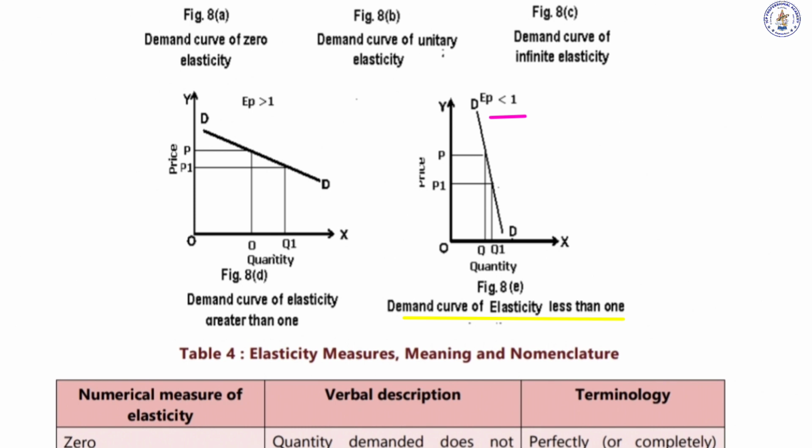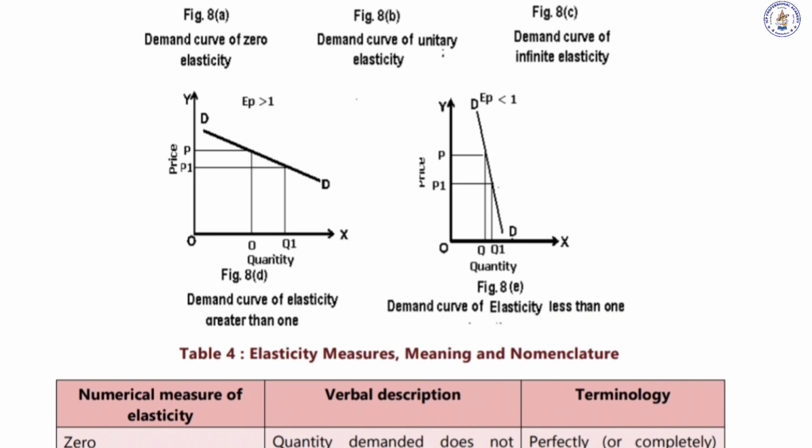See figure 8E. The price moves from OP to OP1, but the quantity changes only slightly, from OQ to OQ1. So the demand is inelastic but not perfectly inelastic. A little change is there but not a proportional change. That is what is said to be inelastic, the elasticity being greater than 0 but less than 1.